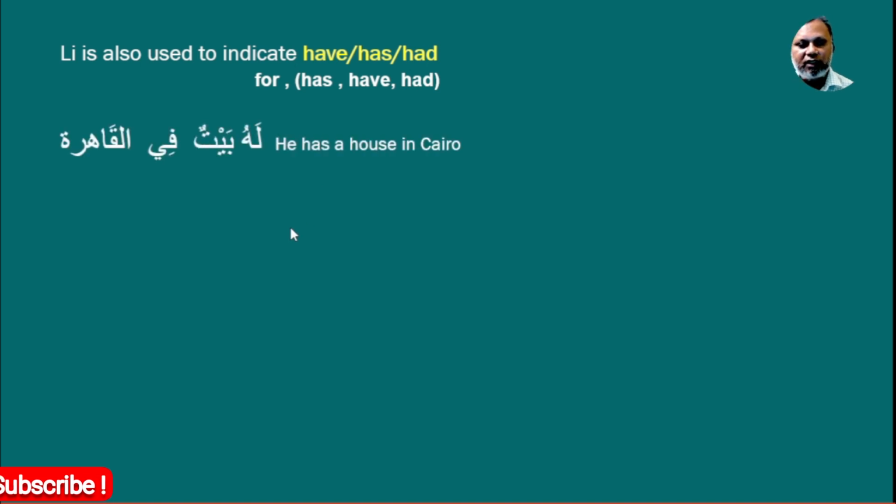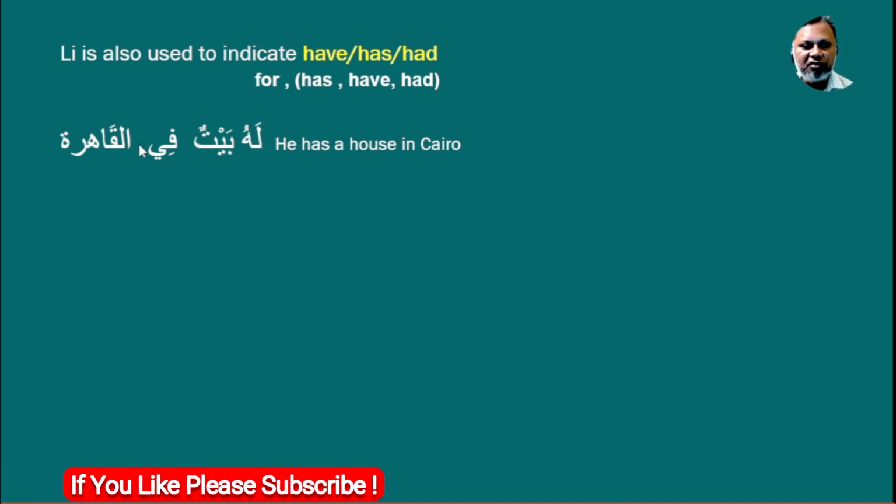How? Like this: Lahu baitun fi al-Cairo. He has a house in Cairo. Here the li becomes la because of this pronoun hu, which means him. Lahu means for him. For him, baitun, a house, fil-Cairo, in Cairo.